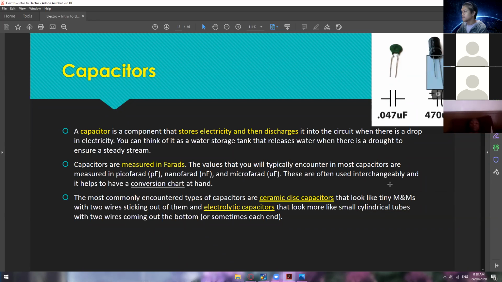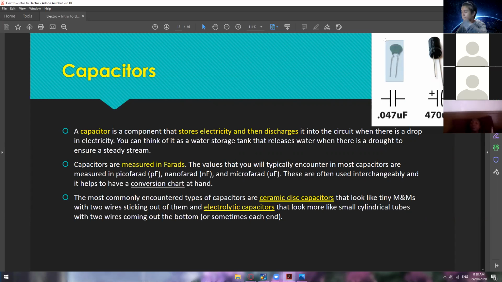So as you can see right here, the connections of the ceramic disc capacitors are the same length. But for the electrolytic capacitors, the one is shorter and the other one is longer. This ceramic disc doesn't have a polarity, so you can interchange the connection.